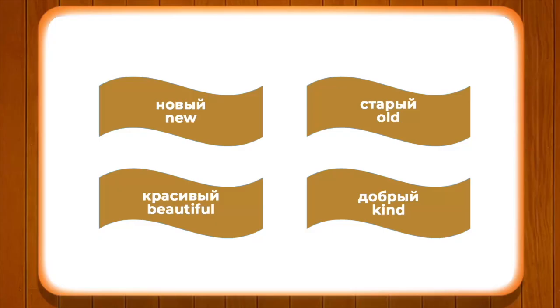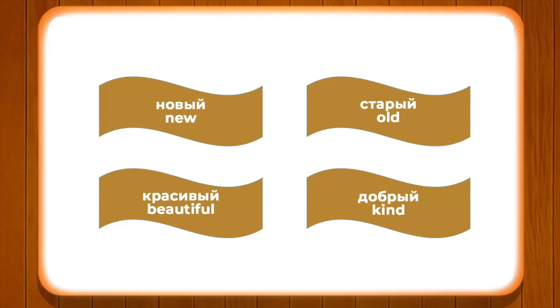That is why the sound of these words comes like новый, старый, красивый, добрый. Whenever and wherever the stress is falling on a vowel, the sound is higher at that side, whereas on the other side it is going lower. So, новый, старый, красивый, and добрый.